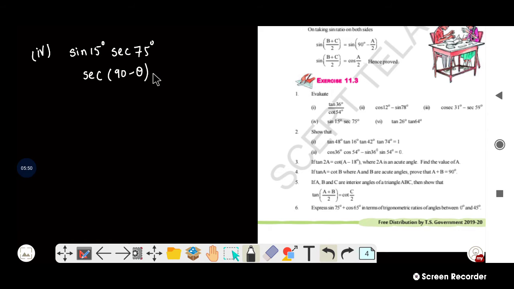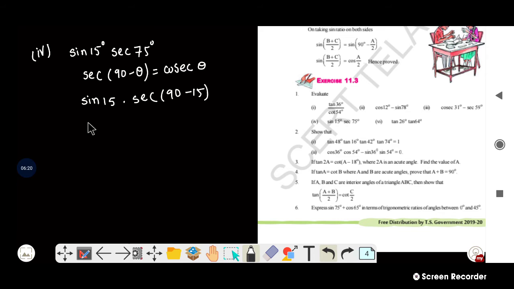What is that? Cosec theta. So in that, sine 15 into, yes, sec 90 minus how much? 90 minus 15. Is it right? Then only we got that there is a 75.